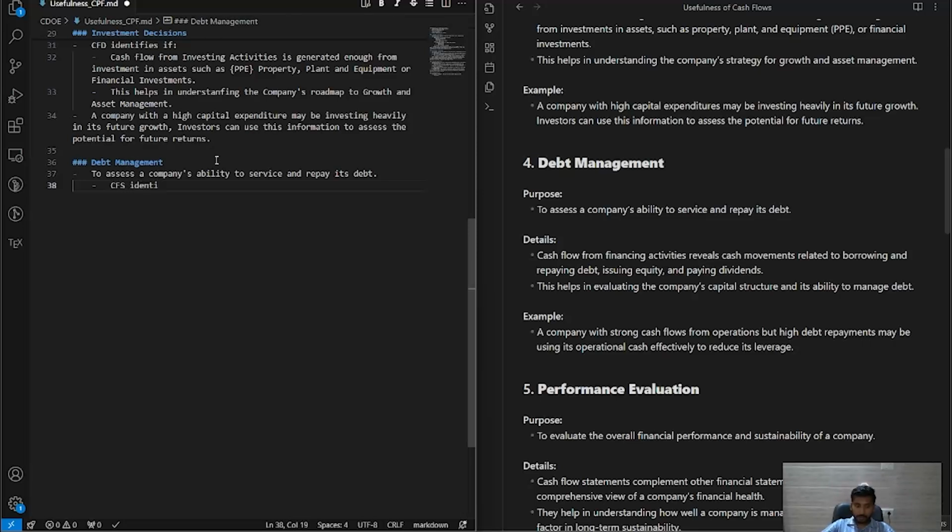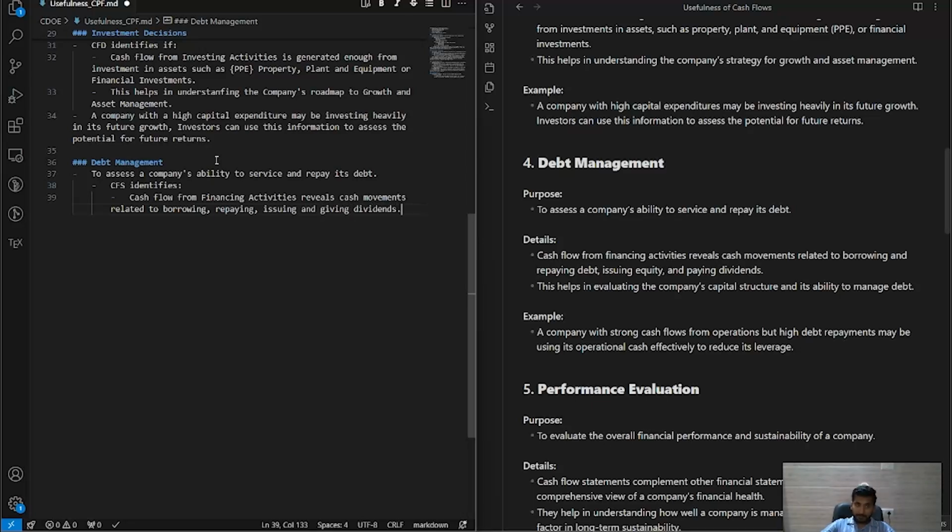CFS identifies that the cash flow from financing activities reveals cash movements related to borrowing, repaying, issuing, and giving dividends.